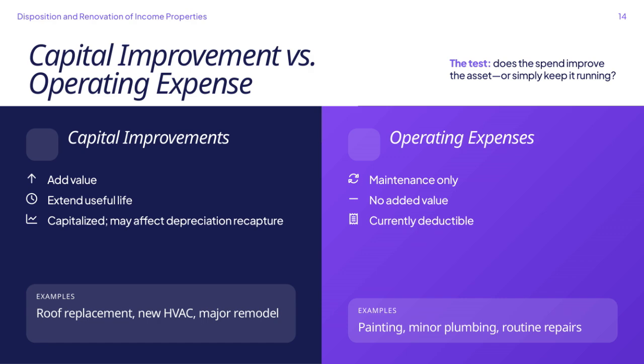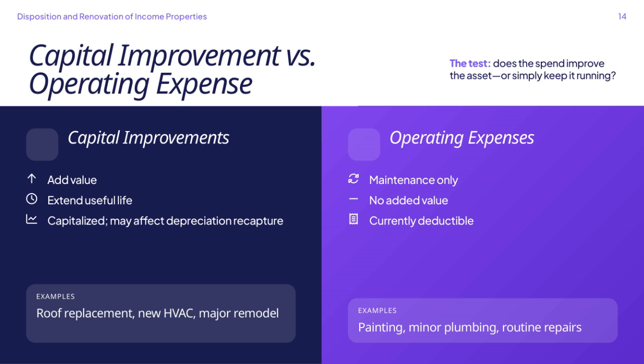On the other hand, operating expenses are routine maintenance costs that keep the property running but don't add value. These expenses are currently deductible and include things like painting, minor plumbing, or typical repairs. Understanding this distinction is crucial when managing the disposition and renovation of income properties because it affects both your accounting and tax treatment.